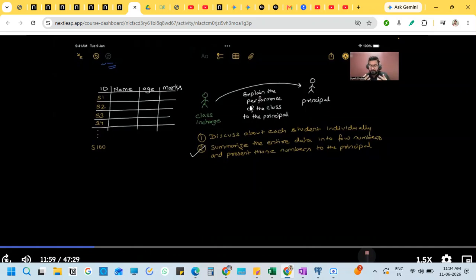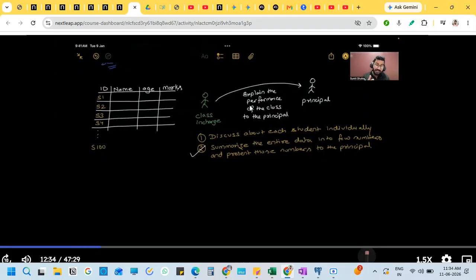I would not say the principal is not concerned. I would say it is important for the principal to make sure that the entire class is performing well. So the class in charge discussing each student with the principal will take a lot of time. Additionally, it will not give the principal the overall representation of the class. That's the problem.